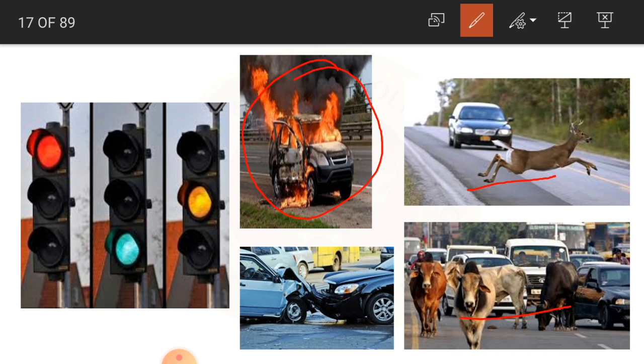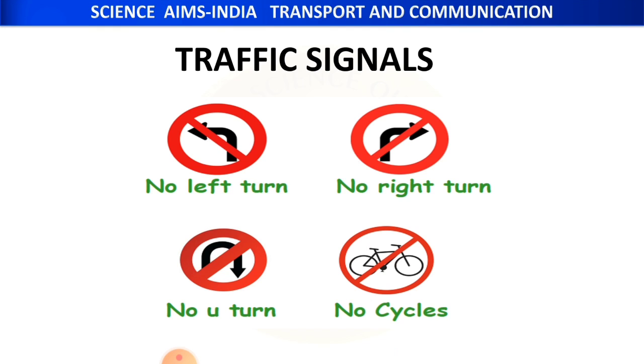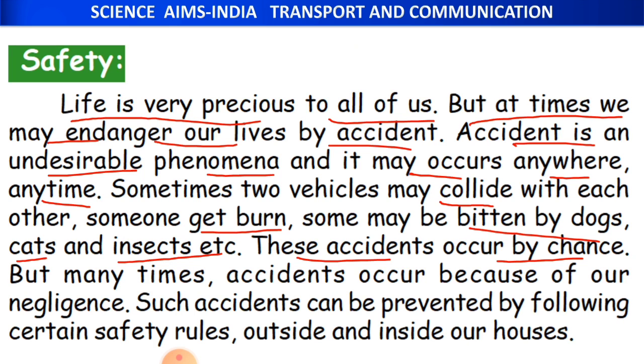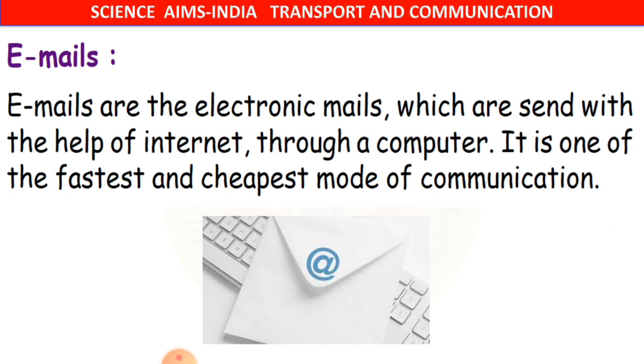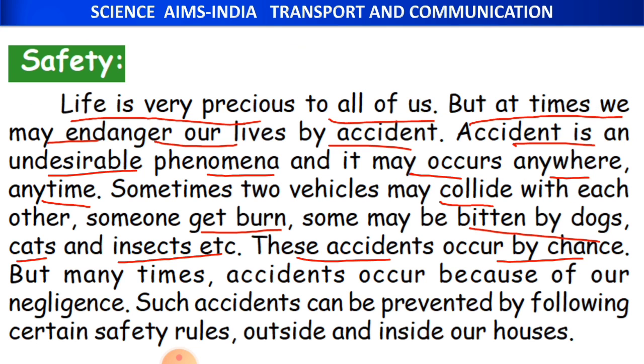Okay children, see here in the picture, and here also I said that two vehicles are going to collide, they are going to attack each other. See here, this is also one problem, like how accidents happen. But many times accidents occur because of our negligence.